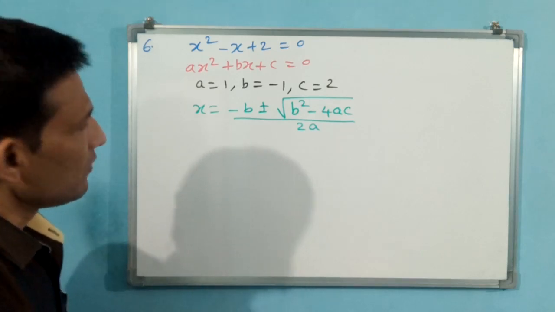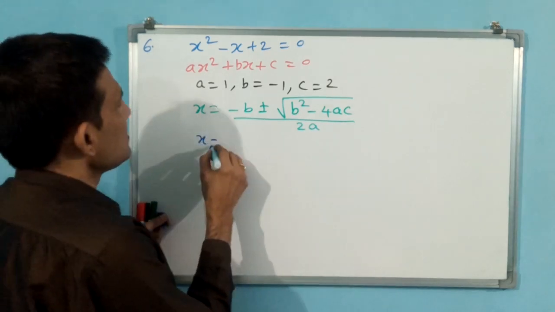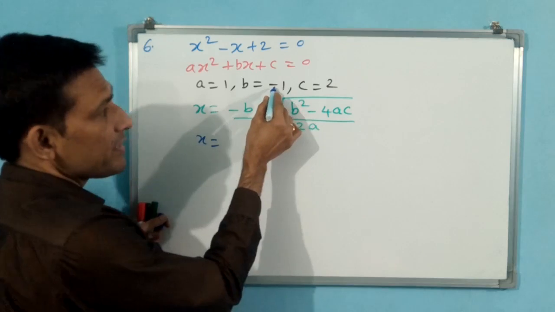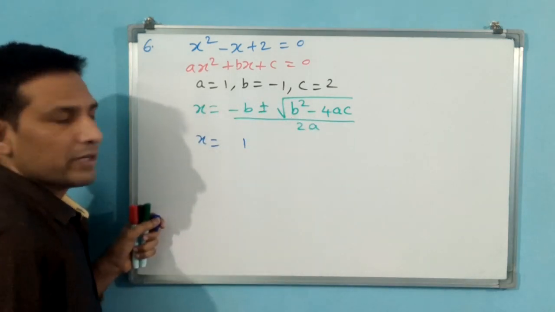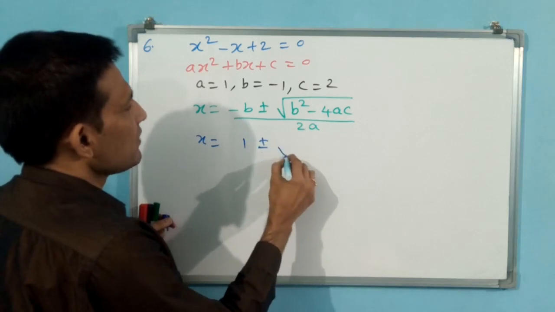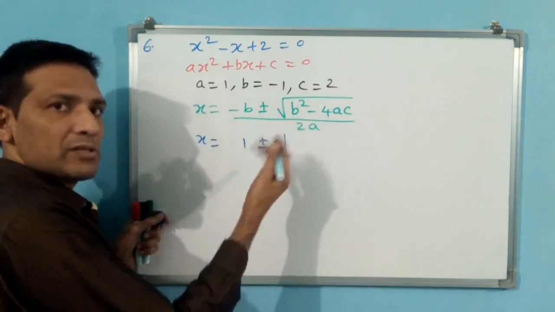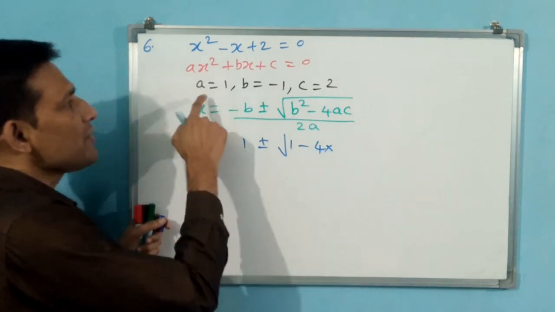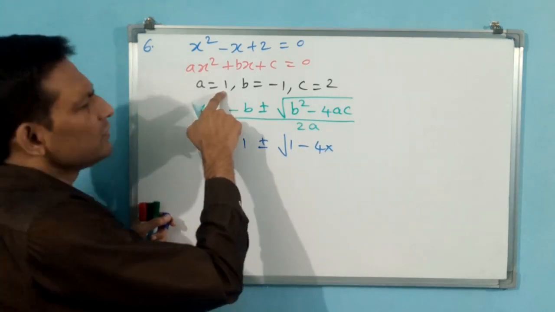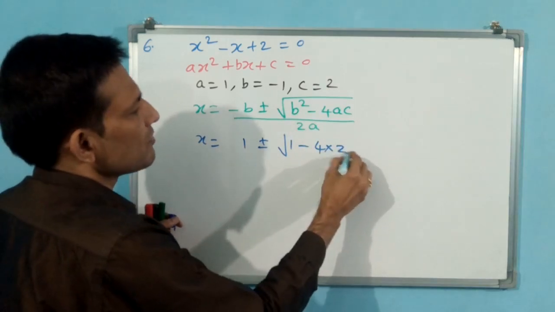Now substitute. X is equal to minus b means, see, already minus is there. Minus of minus plus 1. You write directly plus 1. Plus or minus square root of b square. Minus 1 square is also 1 only. 1 minus 4 into a into c. A is 1, then you can write directly 2. 4 into 2.